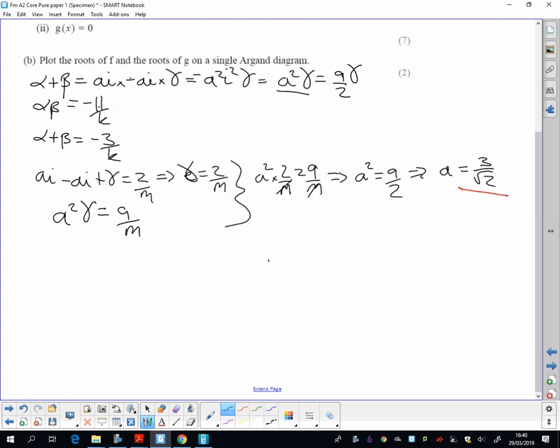So our roots in pairs would be negative ai plus gamma, minus ai times gamma, is 3 over m. So some of this then cancels out anyway.